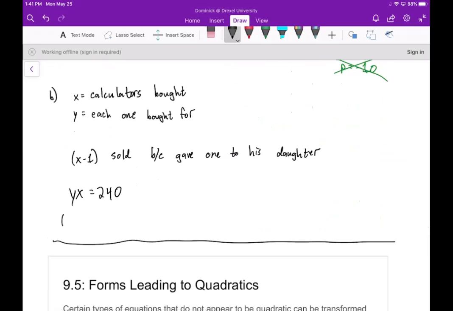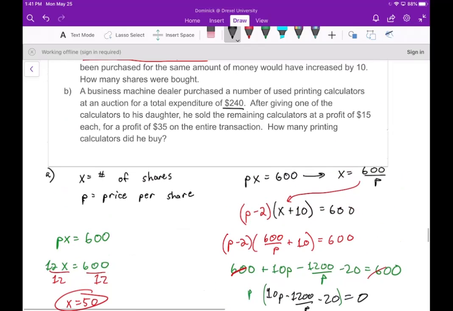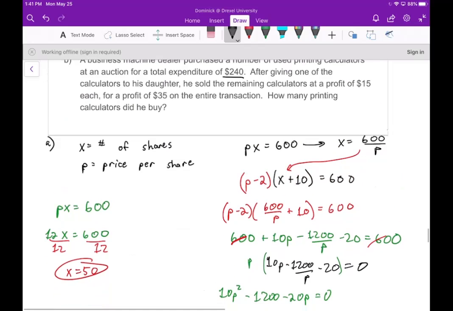Right? And then after he gave one to his daughter, so he did X minus one, he sold each one for a profit of $15, right? So he bought each one for some amount of money and he sold it for $15 more. And that gave him a profit of $35, right?